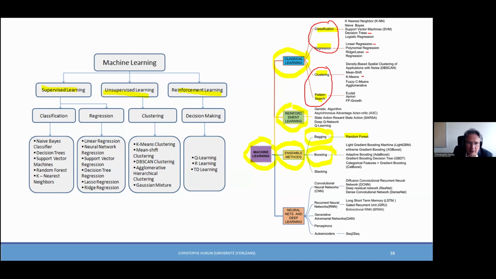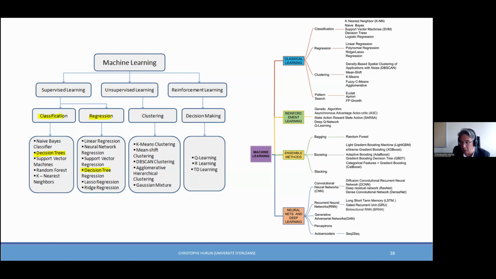So let me clarify what we will do together. We will explain what a decision tree is. A decision tree can be used to do regression or classification. Then I will not present all other types of algorithms in supervised learning, because there are plenty of them.